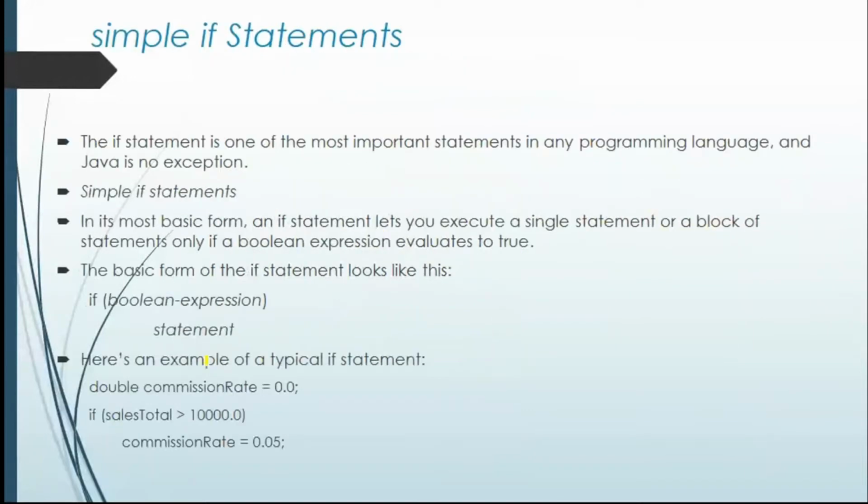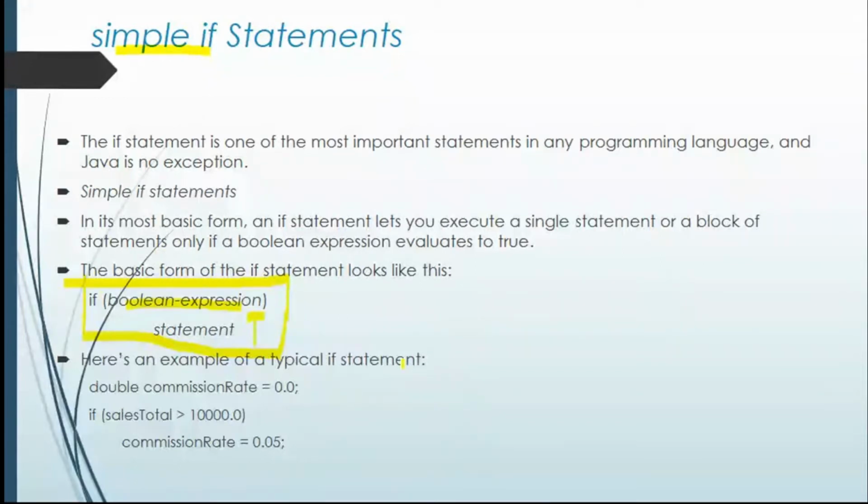Let's move on. We have the first one, which is the simple if. This type of if statement is so simple that if the condition is true, then a statement will be evaluated. The syntax shown here says that you write if followed by a parenthesis, and inside the parenthesis, you write the Boolean expression.